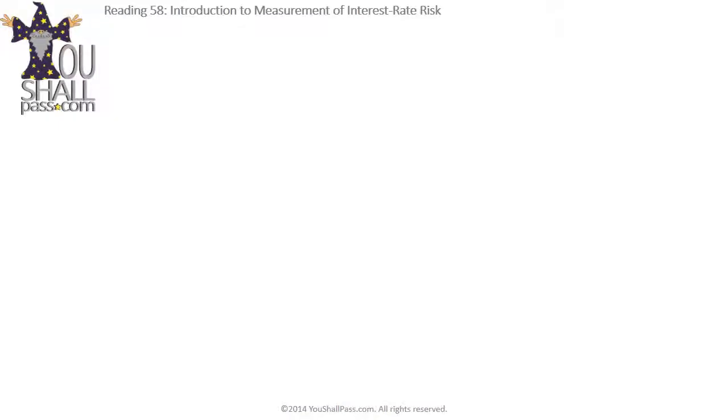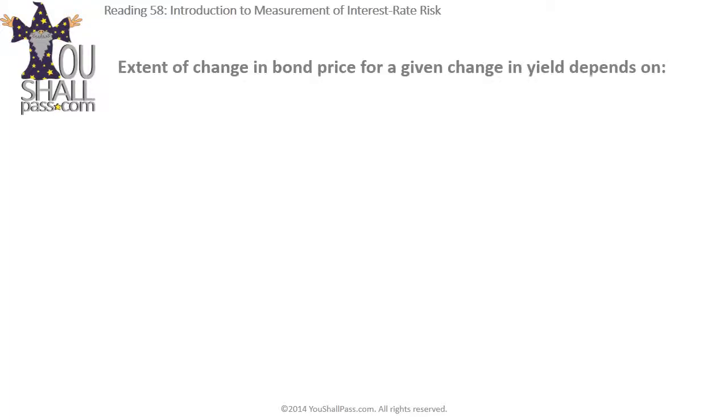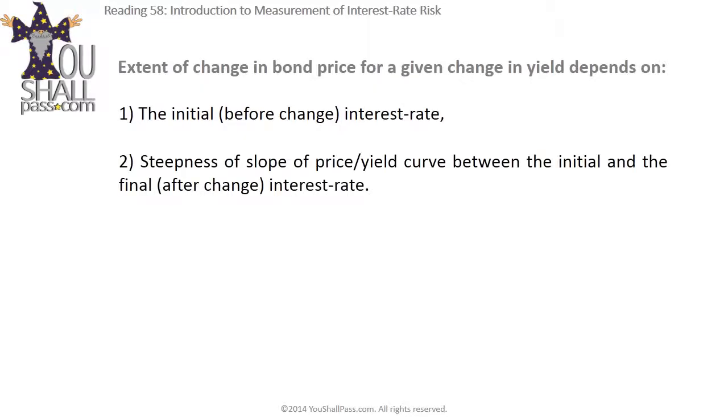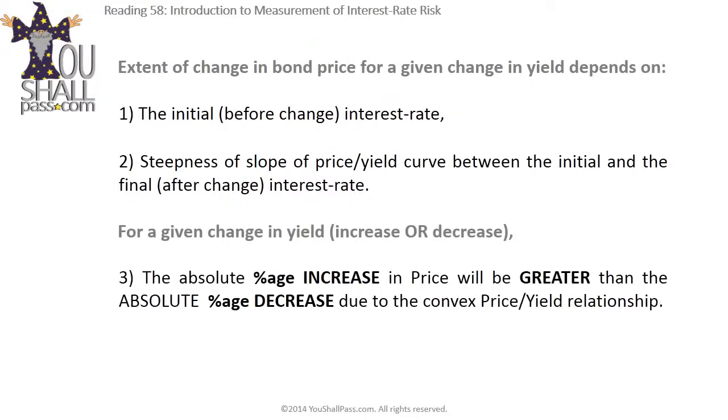To recap, here we summarize the key observations that we've picked up so far. That the extent of change in a bond's price depends on the current interest rate, and also on the steepness of the slope of the price yield curve between the initial and the final interest rates. And also, the direction of the interest rate change matters. That is, a decrease in yield will bring about a larger absolute percentage change in price than will an increase.